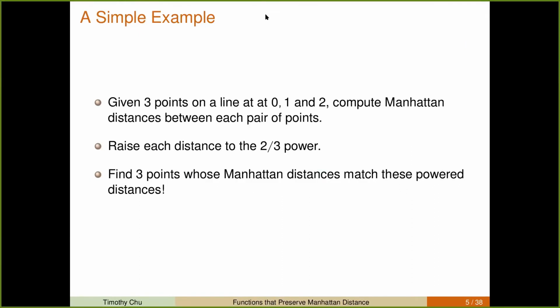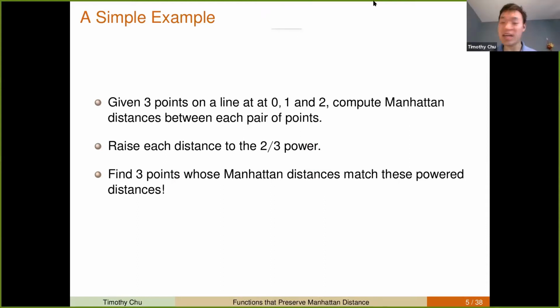Wait, Tim, when you say a line, is this an axis aligned line? Oh yes, sorry, an axis aligned line. Good point. This is just the one-dimensional line.